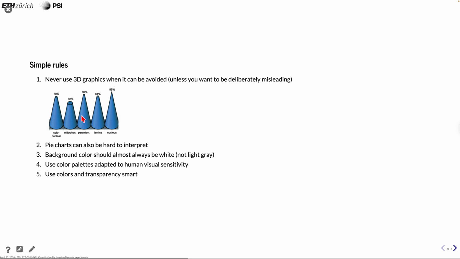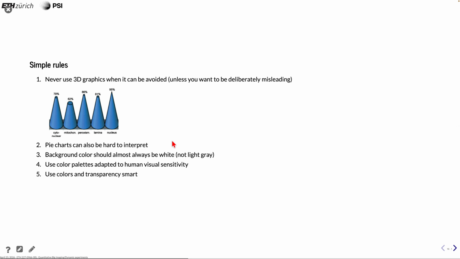And that is really confusing if you see this kind of plot. The cone doesn't bring any information, it's just disturbing and misleading. Pie charts can be good, but they have to be used in cases when it really makes sense. Otherwise, they can be very hard to interpret.